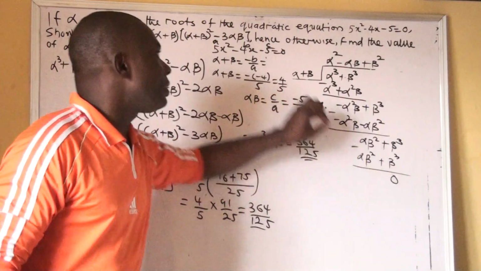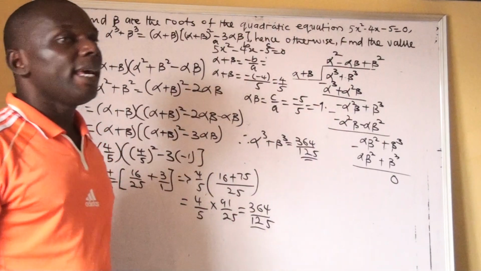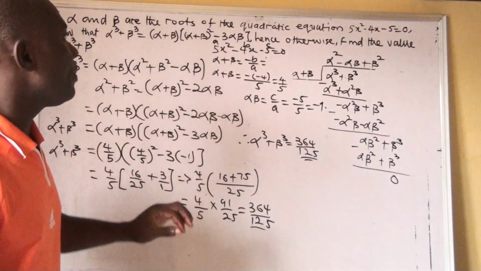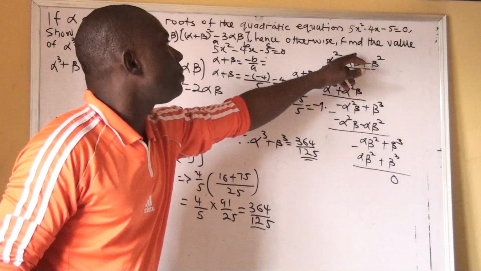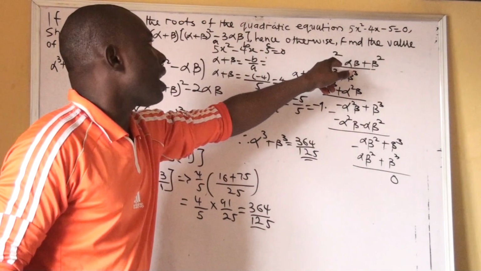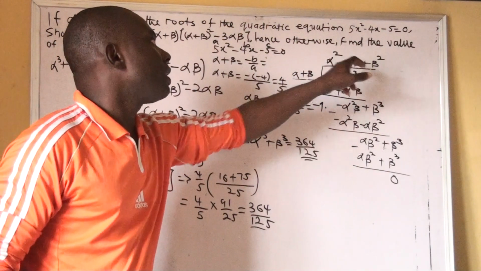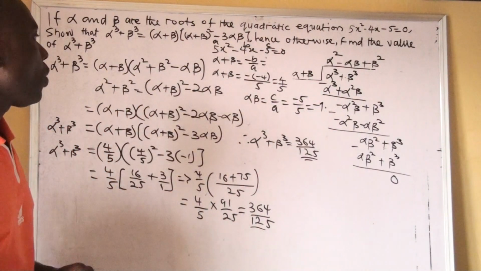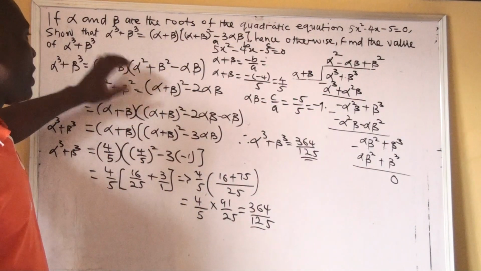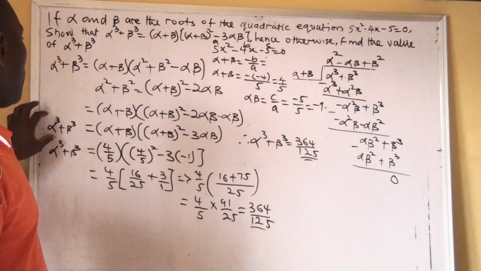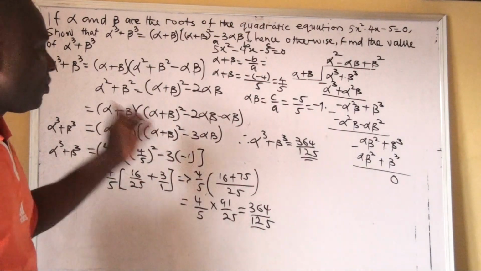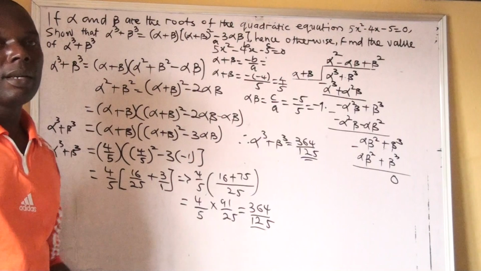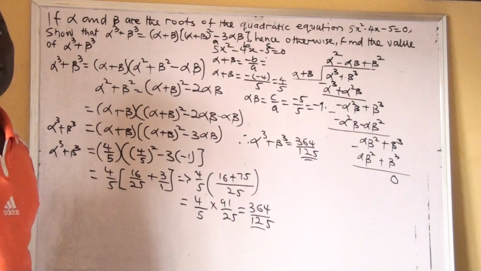Once it is 0, that means alpha plus beta is a factor. So from there, you establish the relationship here. The quotient and the product of this is the result. Once you are done with that, you can establish the value of alpha cubed plus beta cubed. And by the time you do this, you can practice on that.